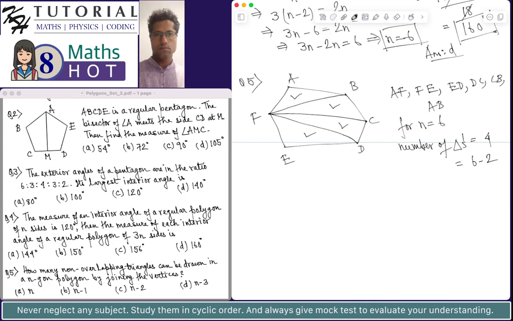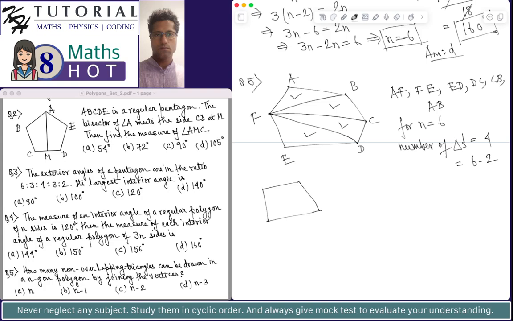Now, will it be true? Can we say that the number of non-overlapping triangles for a polygon having n sides will be n minus 2? For that we have to check a few more values of n. For a triangle, obviously, there are no diagonals, so we should not consider a triangle as a polygon here. So let's say a quadrilateral. How many non-overlapping triangles can we make?